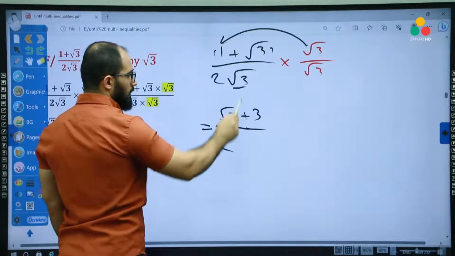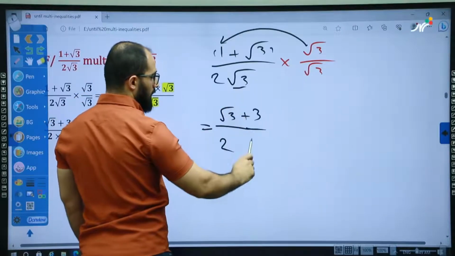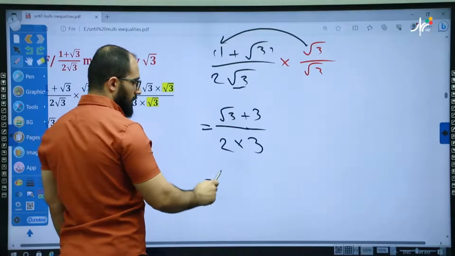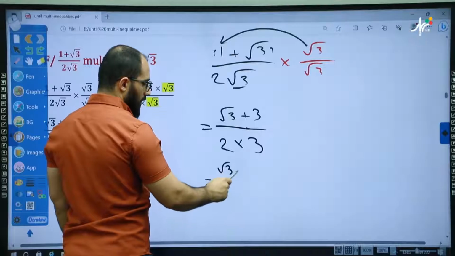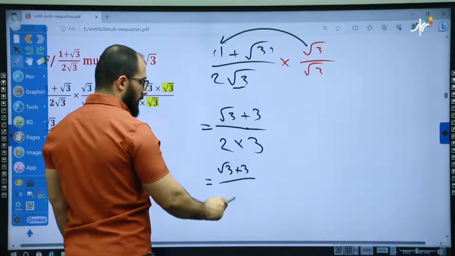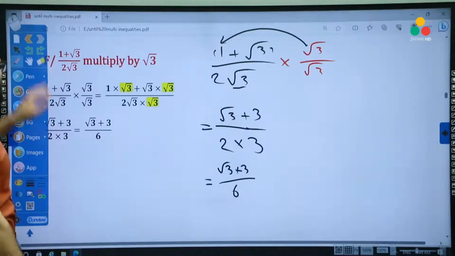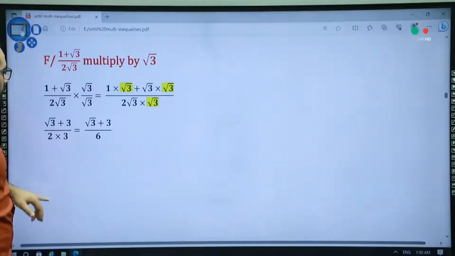Then in the denominator, 2 times square root of 3 times square root of 3, it's going to be 2 times 3. Then it's going to be square root of 3 plus 3 over 6. So this is the result on how to rationalize the fraction.